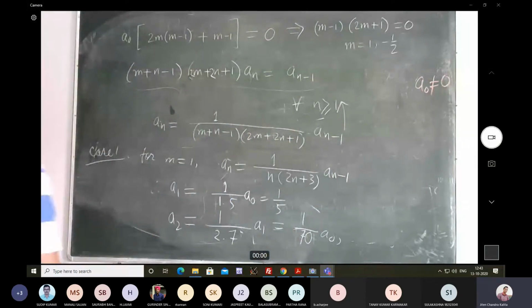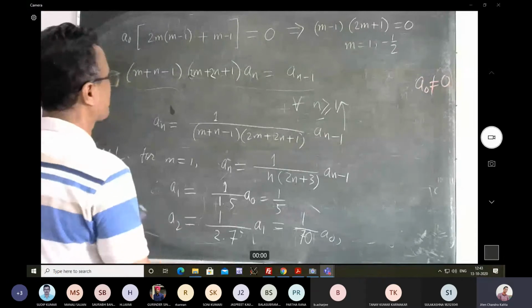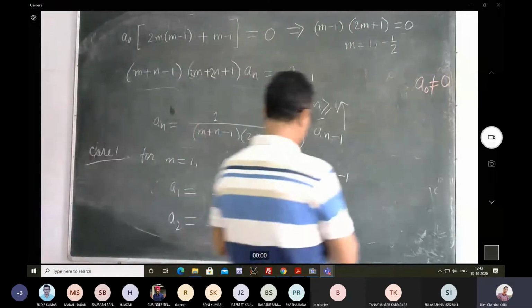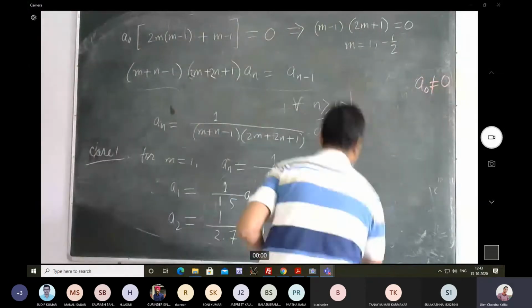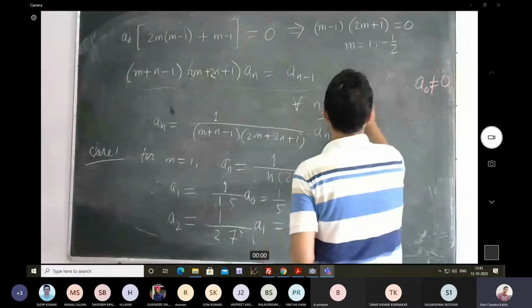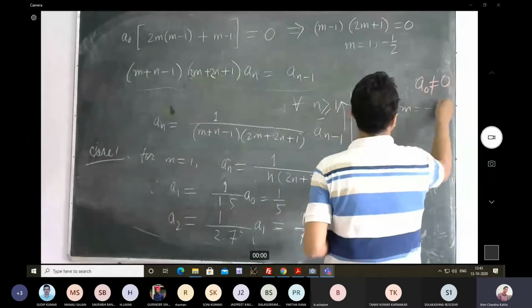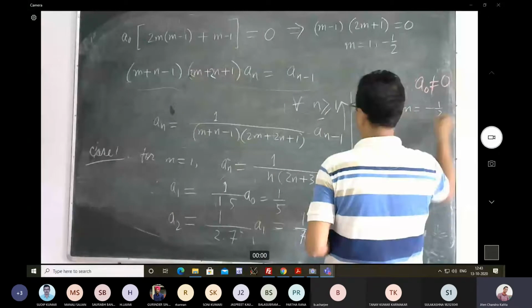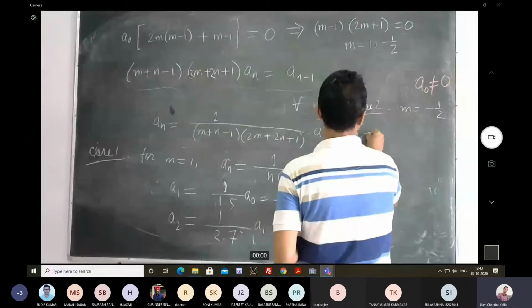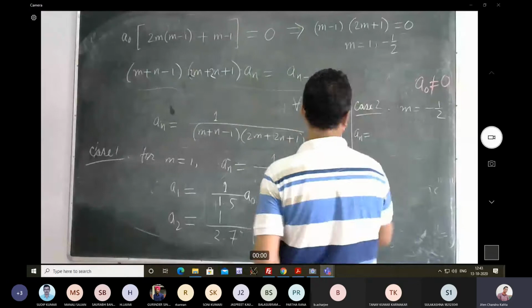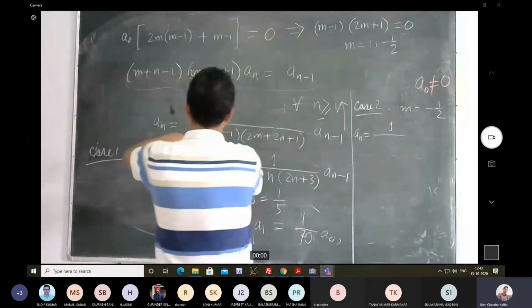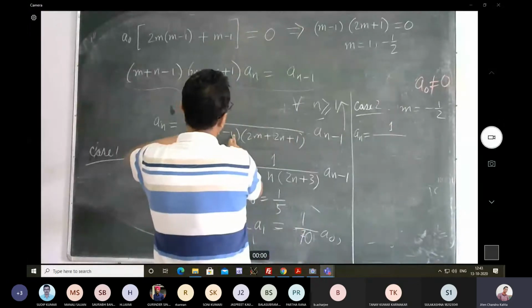And then case 2, let me try to do it here, squeeze it here. Case 2, m equal to minus half, then an equal to 1 by n into 2n minus 3 by 2, minus half, minus 1, minus 3 by 2.